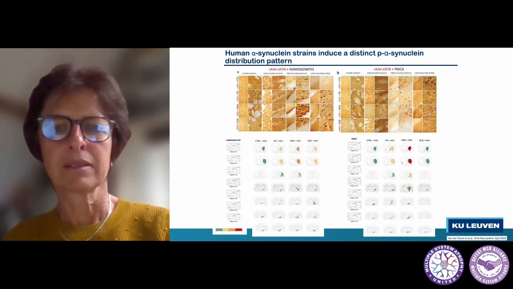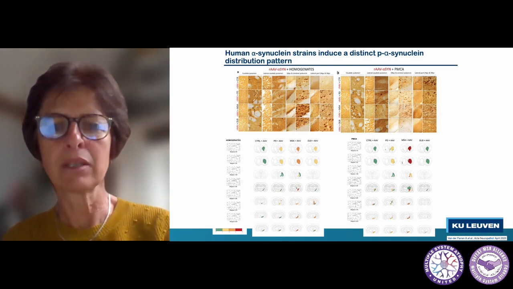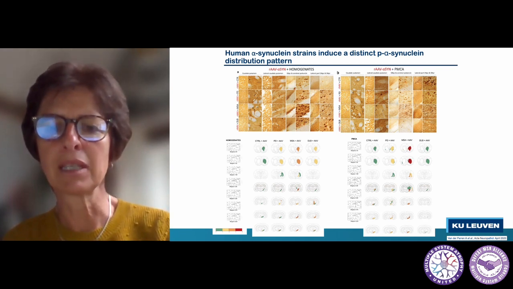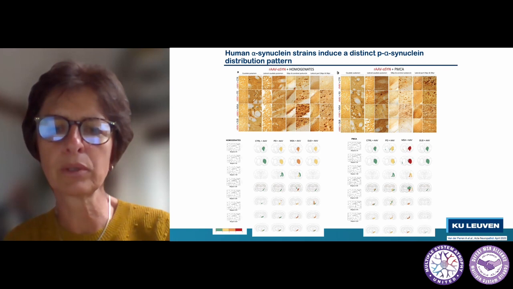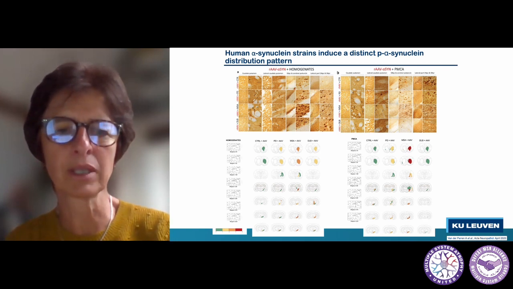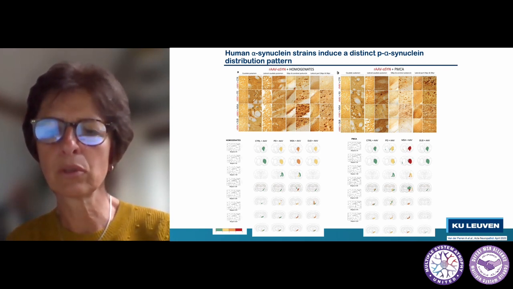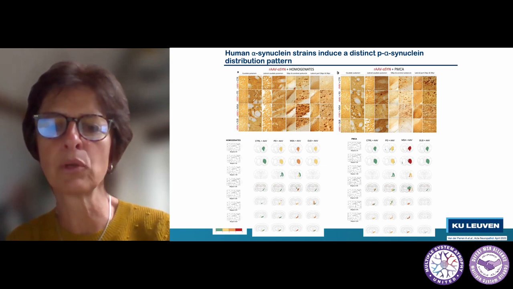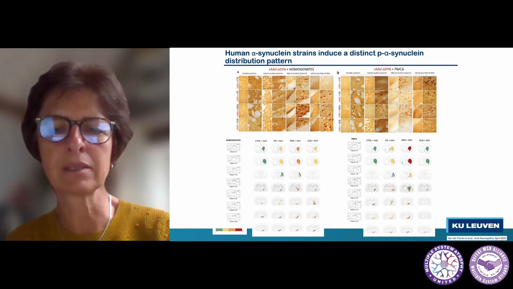Then we looked at transmission or spreading over the different brain regions. What you can see here is that we looked at different brain regions, and we pseudo-colored the different locations, where red is the most extensive alpha-synuclein pathology, yellow is a bit less, and green is less still.